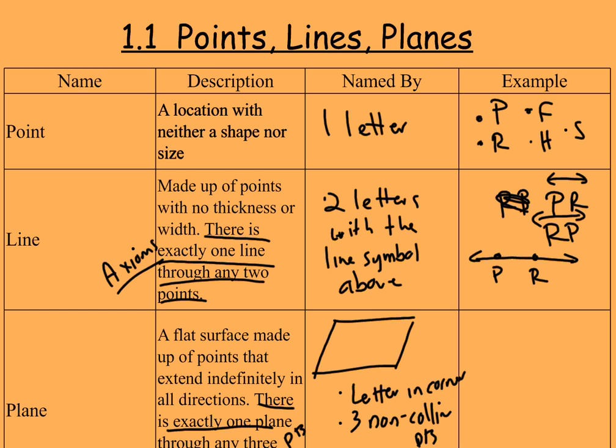So if this is X, it would be plane X. Or if I've got R, S, T, it would be plane RST.